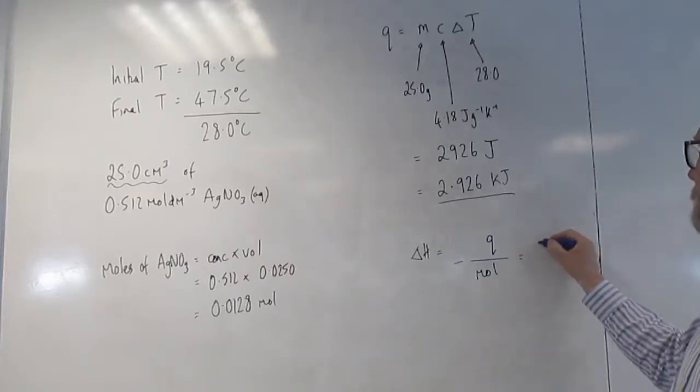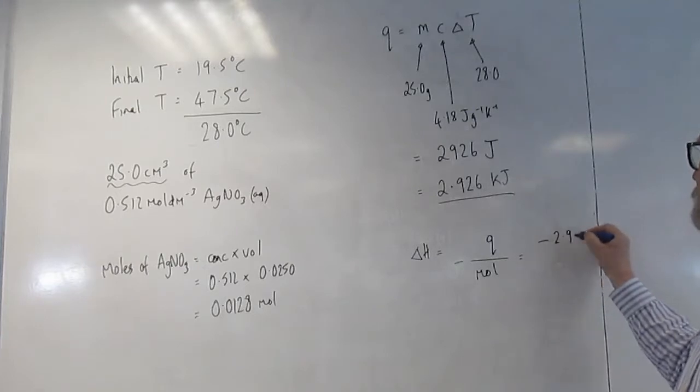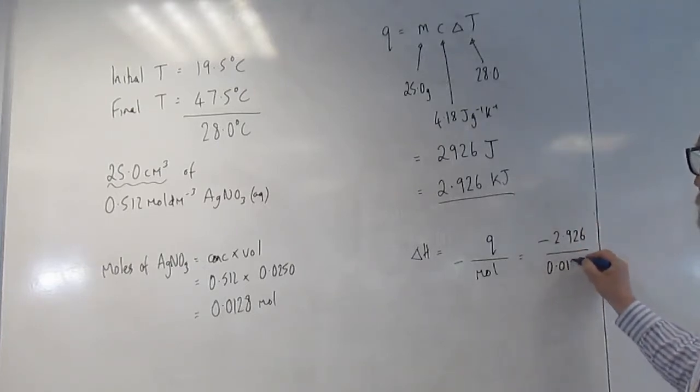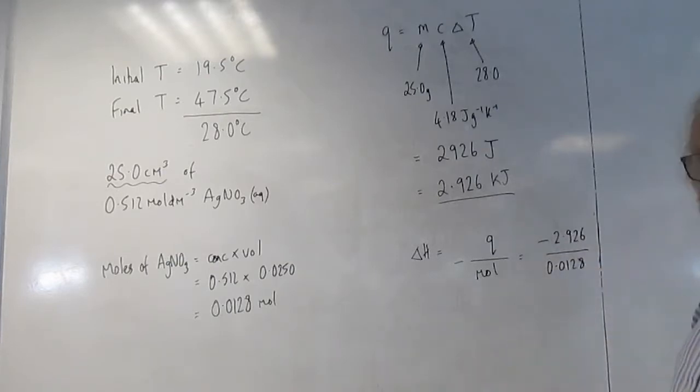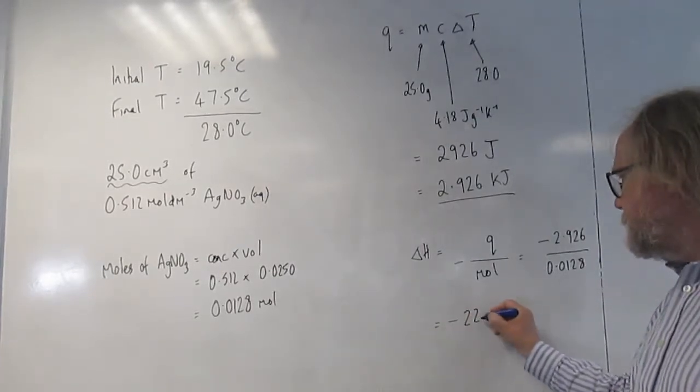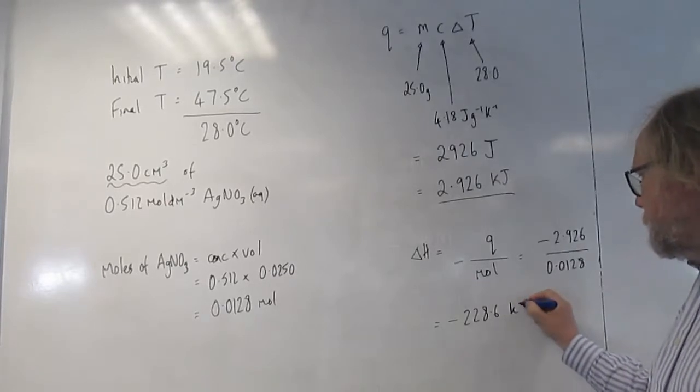So that's equal to minus 2.926 divided by 0.0128. And that comes to minus 228.6 kilojoules per mole.